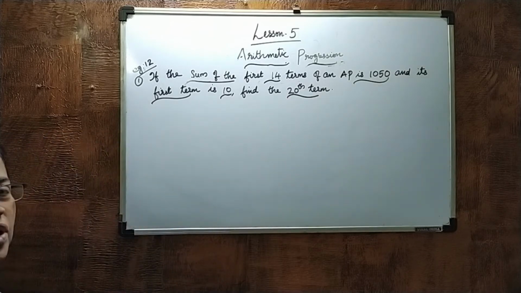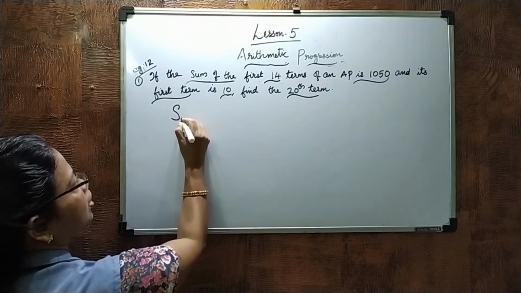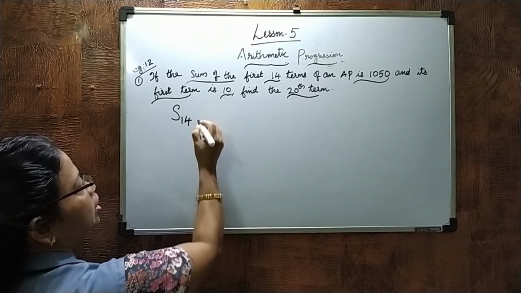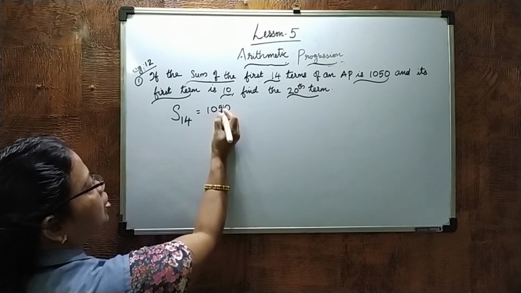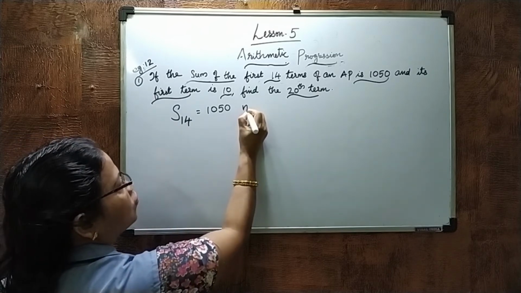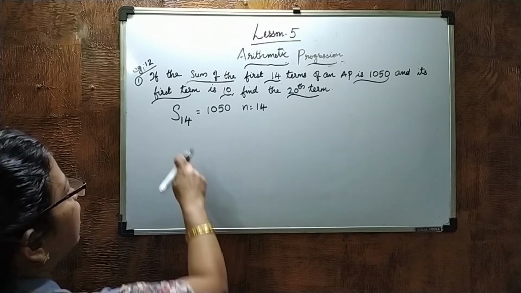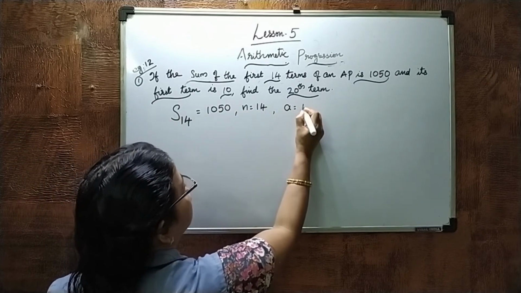What all things are given now? Sum of the first 14 terms, that means S14 equals 1050. What is this 14? It is the number of terms, N is equal to 14. The first term, that means A is equal to 10.